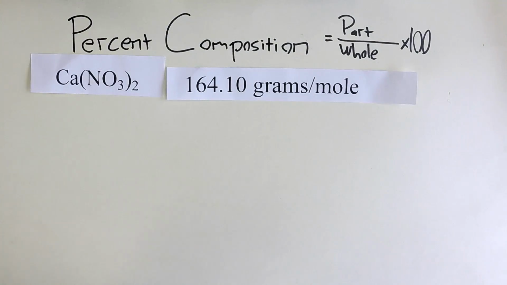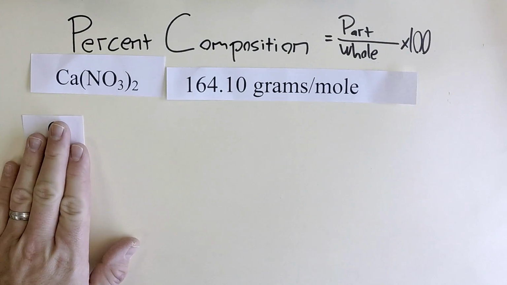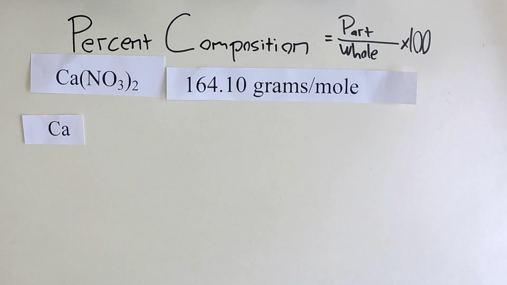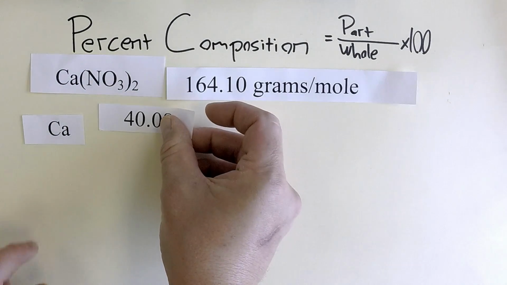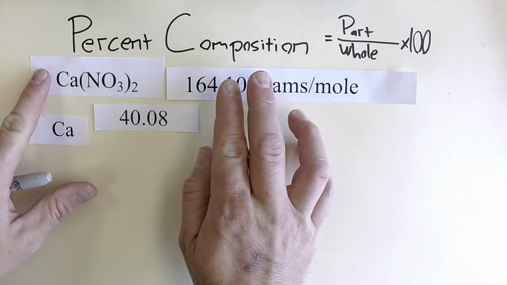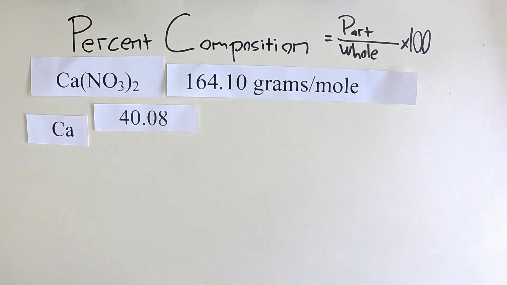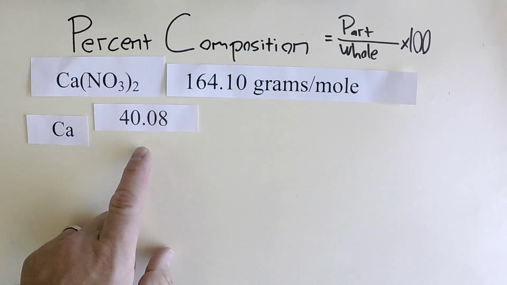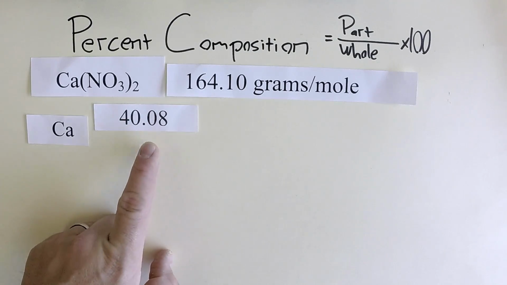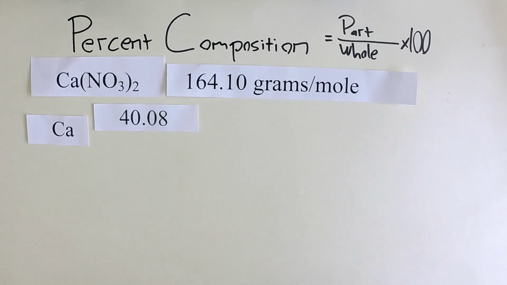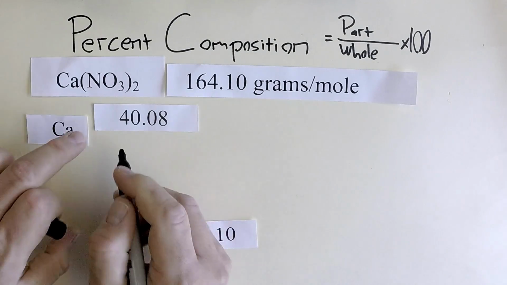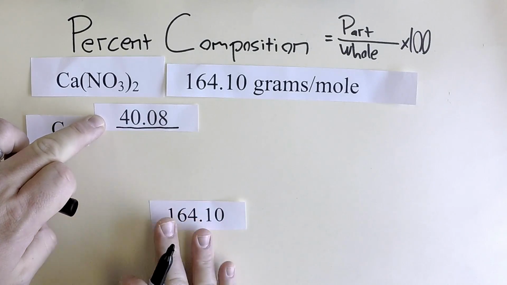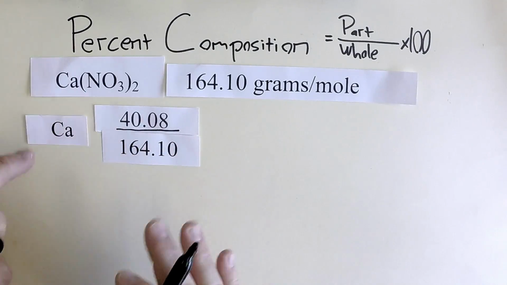Now, when you do percent composition, we'll start with calcium. You need to know the calcium component of the compound. And we said in the previous video dealing with formula mass for calcium nitrate, we have 1 calcium, so that's 40.08. What we're going to do then is divide that by the formula mass of the compound.